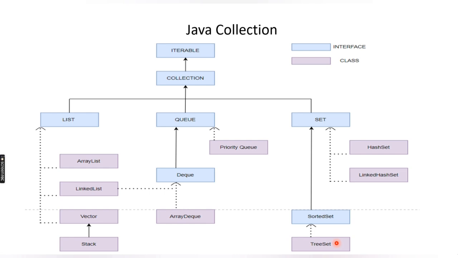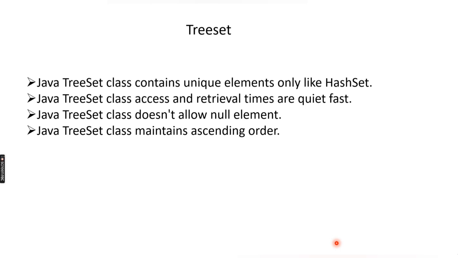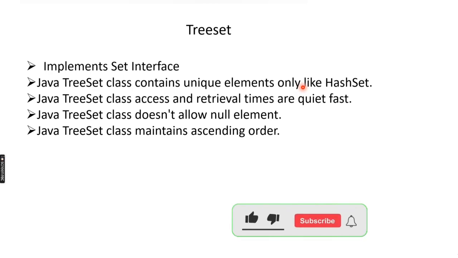We will see in our code how we can declare the TreeSet and how we can add the elements inside it. The TreeSet class implements the Set interface. It contains unique elements only, like HashSet. As it implements the Set interface, it will not allow duplicate values. TreeSet access and retrieval times are quite fast.